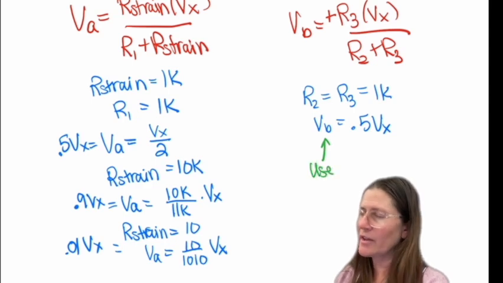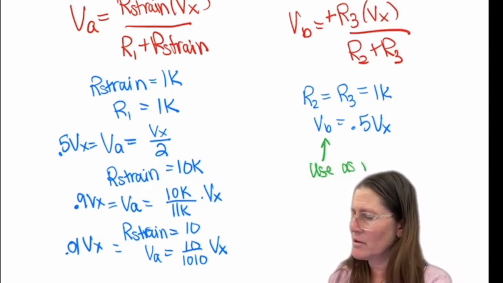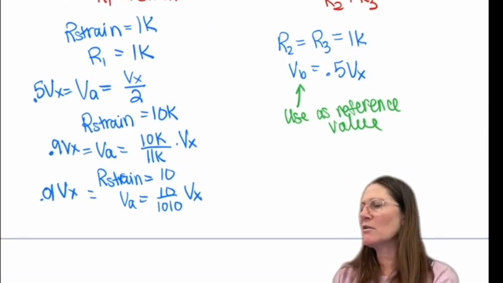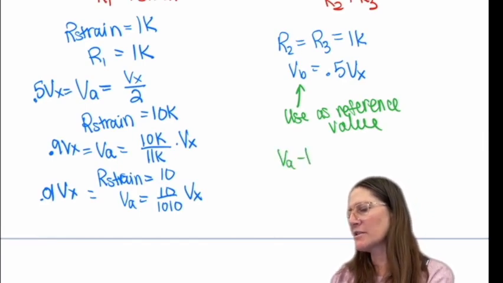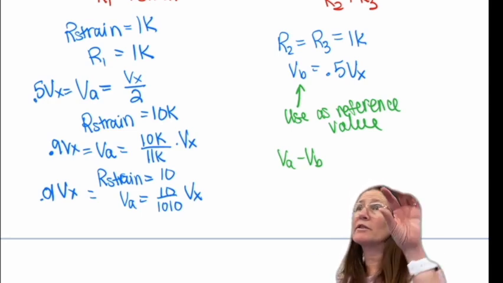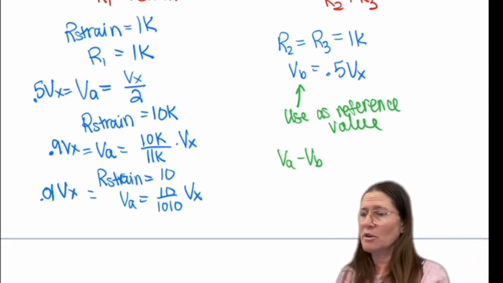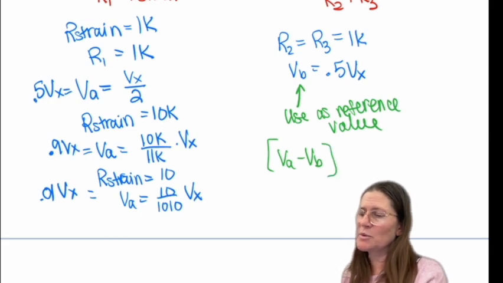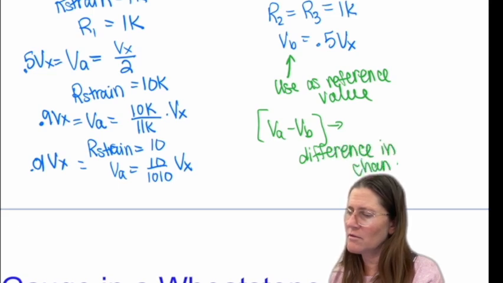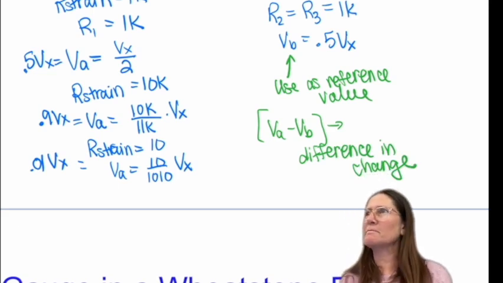If we use this as a base, or what I call a reference value, and take VA minus this reference value, that gives us just the change in VA, which would be due to the strain gauge itself. So we take the difference between the two, and it will just show us the change. Does that make sense? Okay.